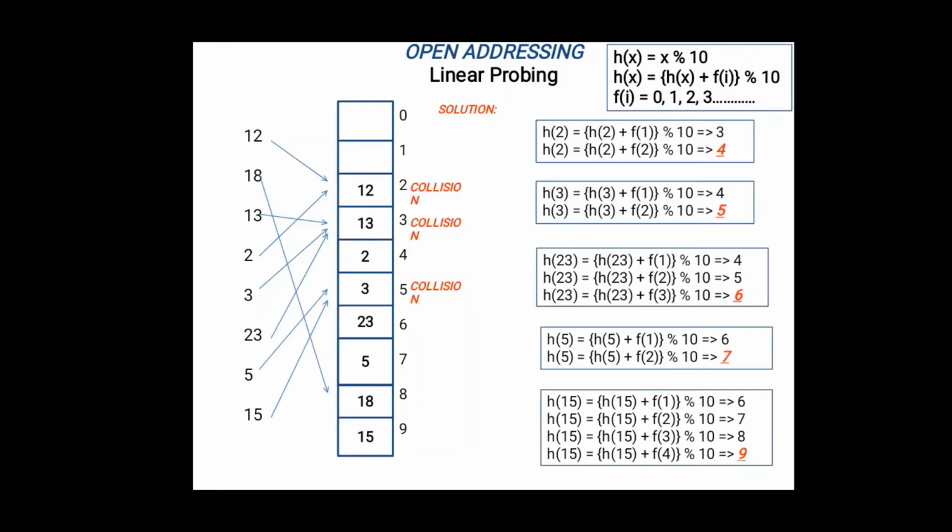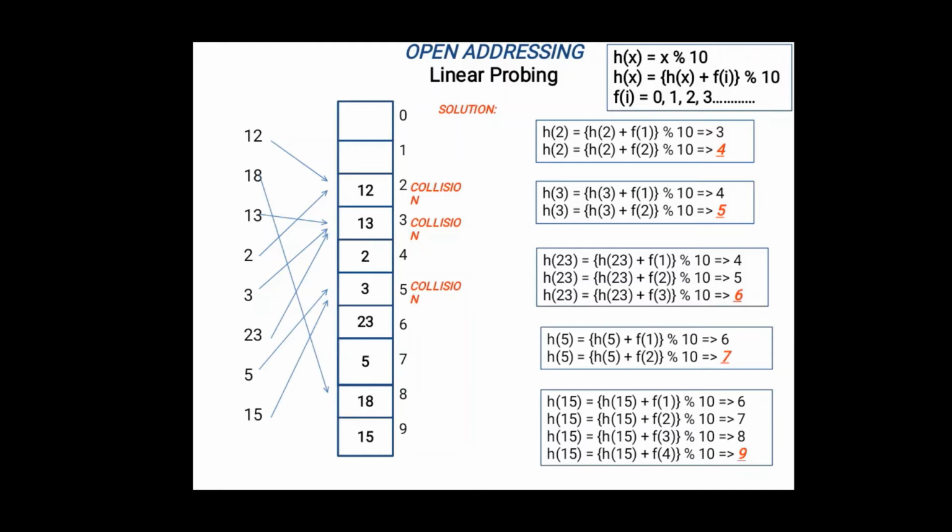So let's solve the key 2: h of 2 is equals to h of 2 plus f of 1. So why did I start from f of 1? Supposedly we start at f of 0, because I know that h of 2 is equals to h of 2 plus f of 0 mod 10 is equals to 2.